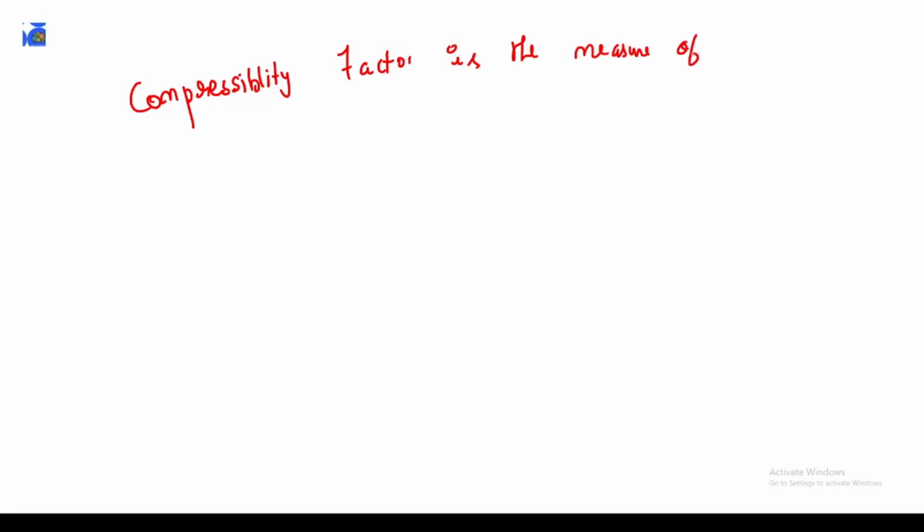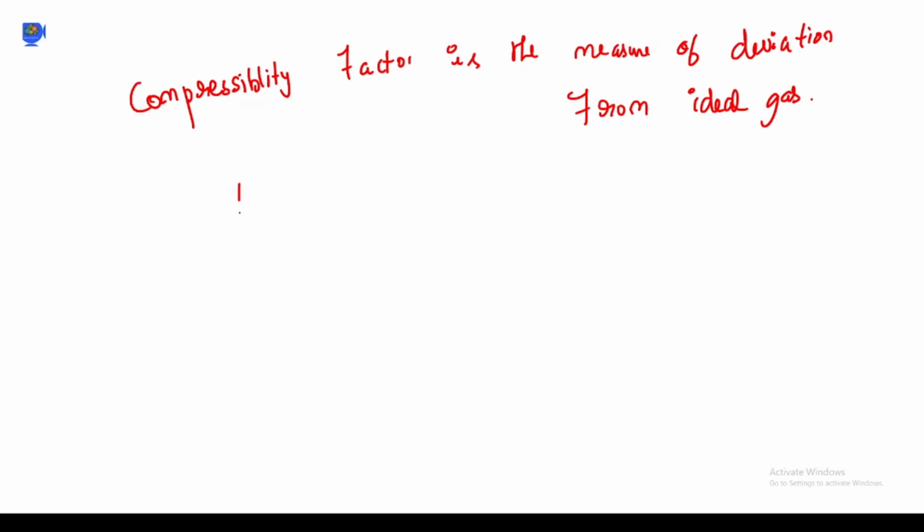So compressibility factor is the measure of deviation from ideal gas. How far the real gas is deviating from the ideal gas.